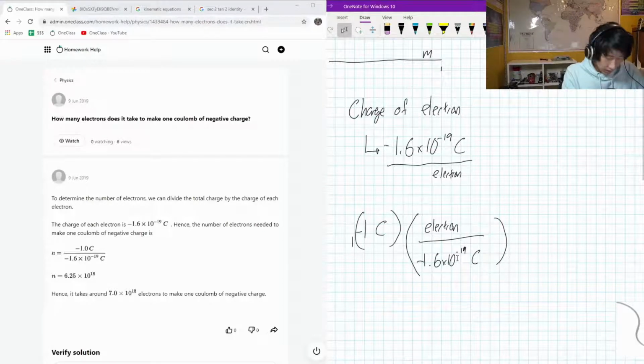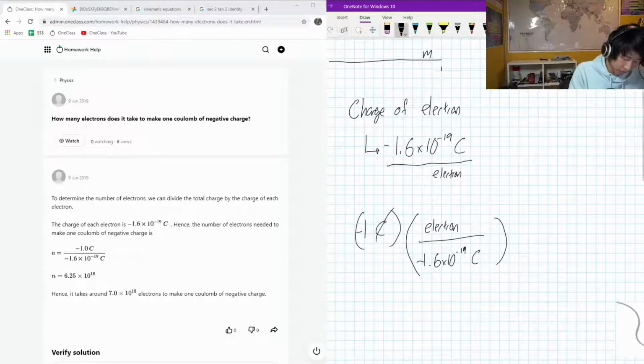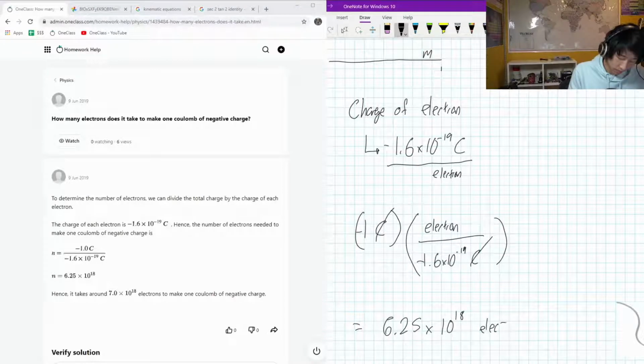The reciprocal of 1.6 times 10 to the power of negative 19. And you see the coulombs cancel out. The result of this calculation is 6.25 times 10 to the power of 18 electrons make 1 coulomb.